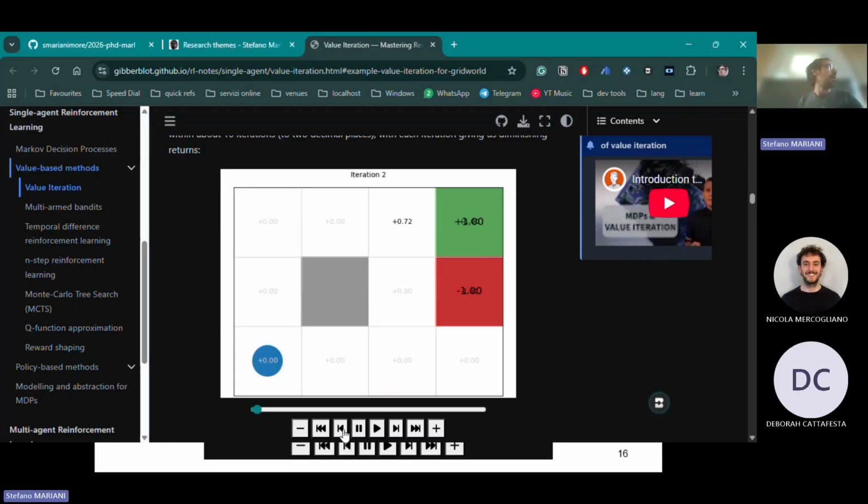Now I can say, given the formula, since I got this reward, and given the probability from this state of going there, or there, I apply the formula and say the value of being in this state is pretty high.